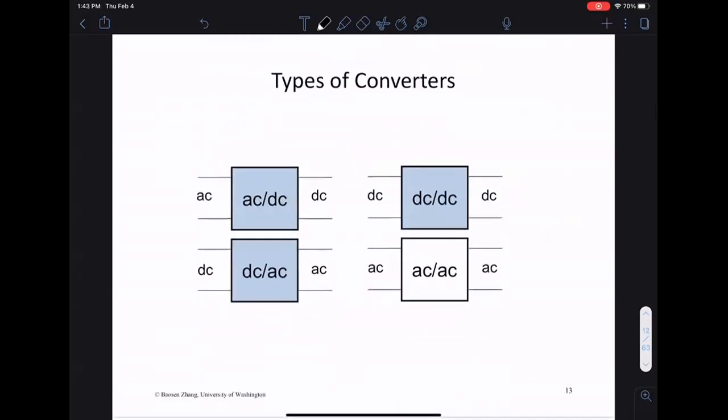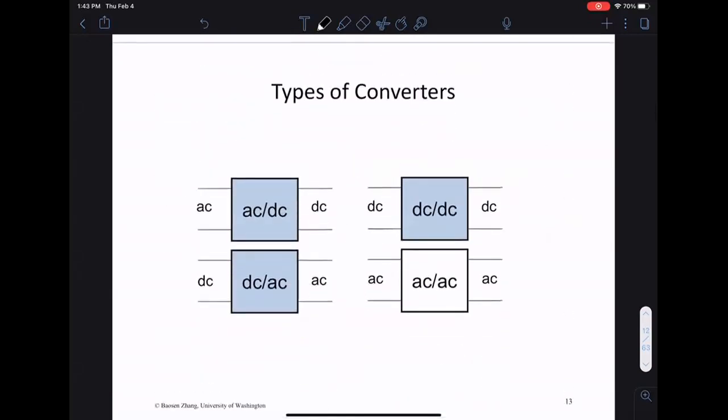When we do converters, of course there are 4 types: AC-DC, DC-DC, DC-AC, and AC-AC converter. This is colored a little differently because AC-AC is not a transformer.